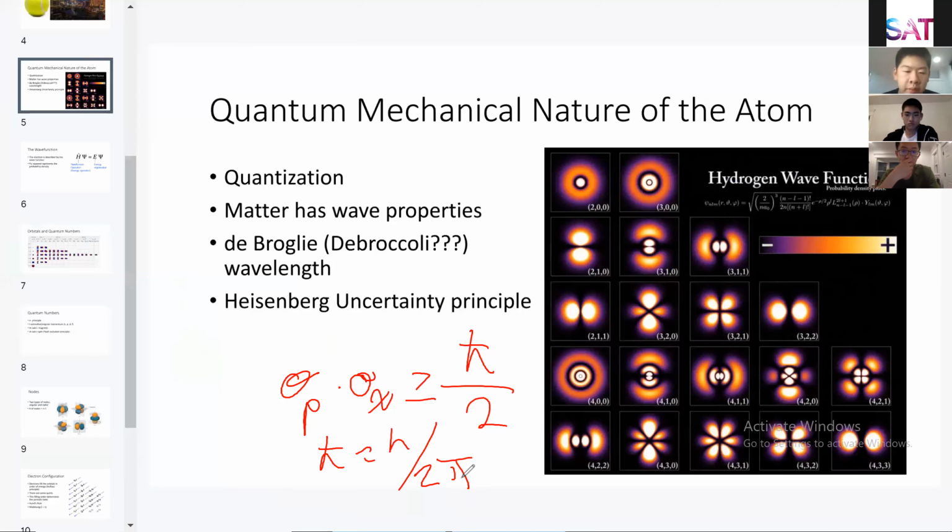But on the scale of atoms, the uncertainty in position and uncertainty in momentum start to get really small, so it's limited basically by h bar over 2. So all I'm trying to say is that if you have a tiny particle like an atom or an electron, its uncertainty will be significant because it has to be larger than h bar over 2. So we can't determine the position and momentum exactly.